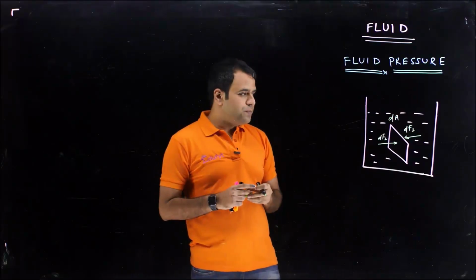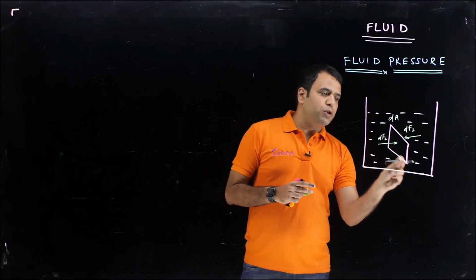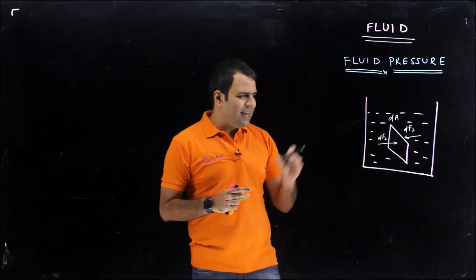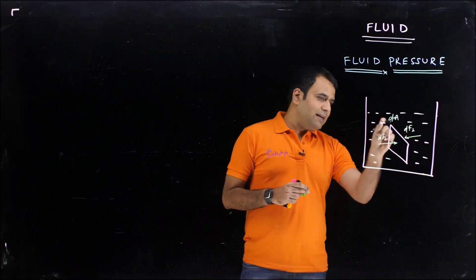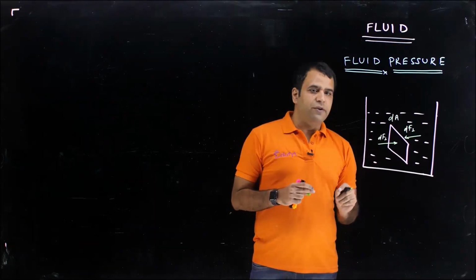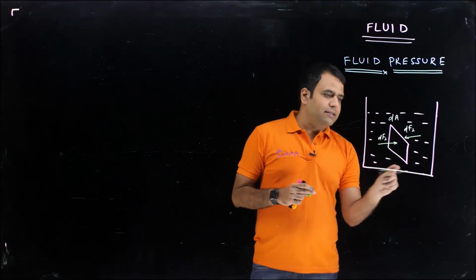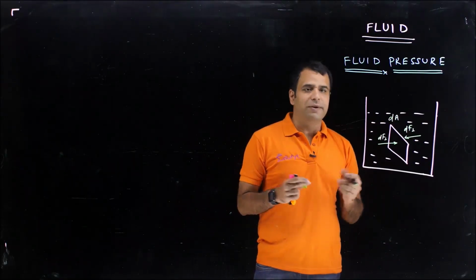So the fluid pressure, we define it by P. We take a hypothetical cross-section area inside the fluid. Any hypothetical cross-section area, it can be real as well as hypothetical. And at that cross-section area, the particles which constitute this fluid keep interacting. And the direction of these interacting forces will be random.